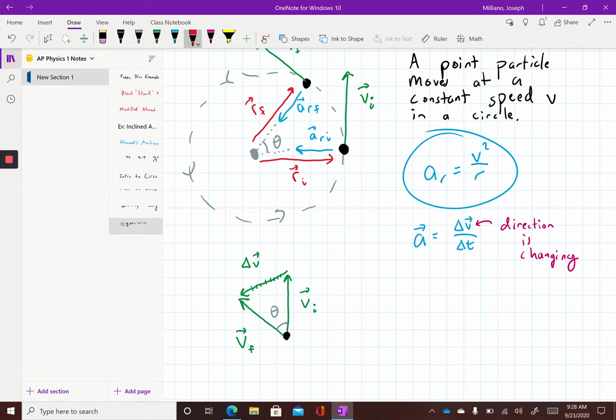And I want to draw that triangle next. Our initial radial arrow looks like this. Our final radial arrow looks something like this. And the initial to final arrow, the change in direction, that displacement, looks something like this. And again, as we can see directly from the picture now, this is that angle theta.